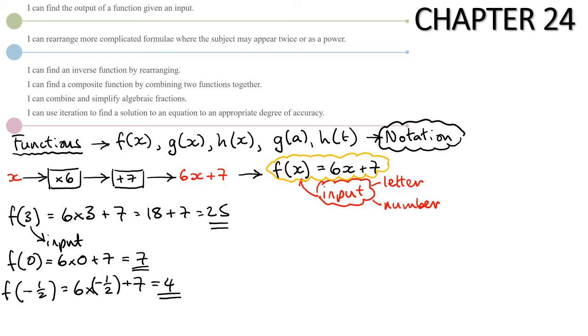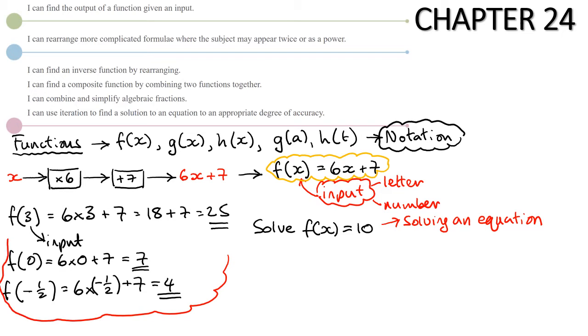Or you may get a question that says something like this: solve the function equal to 10. And this is basically solving an equation. So the first one was substituting, wasn't it? So when we did these bits here, this was substituting basically, and now we can do some solving.